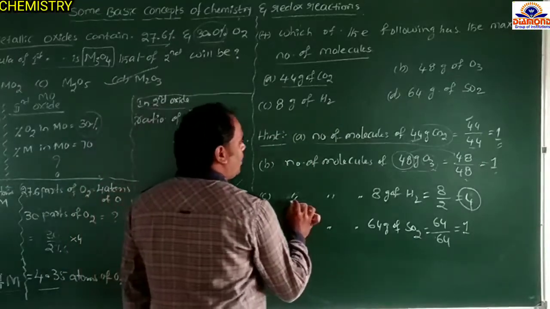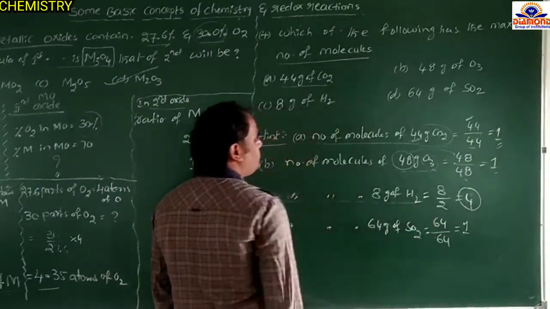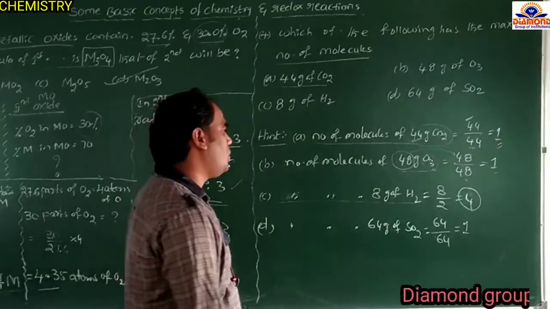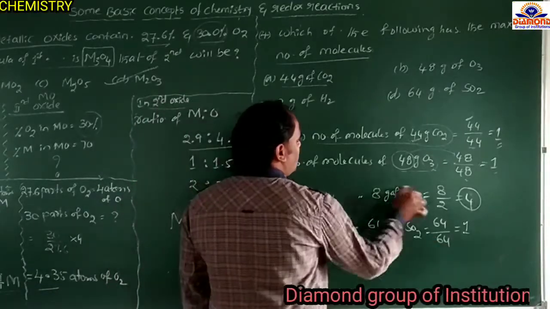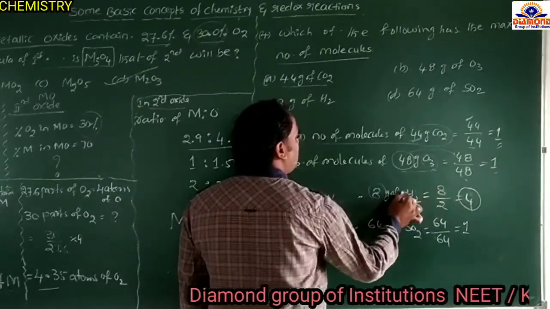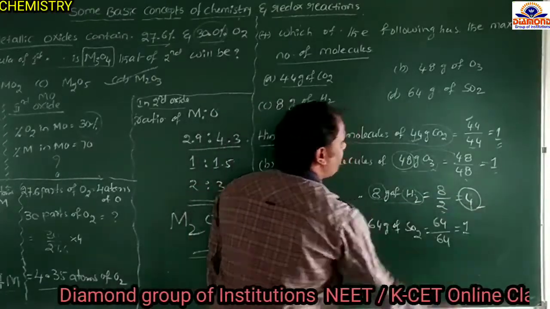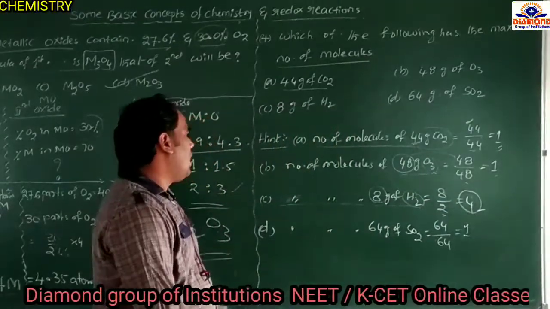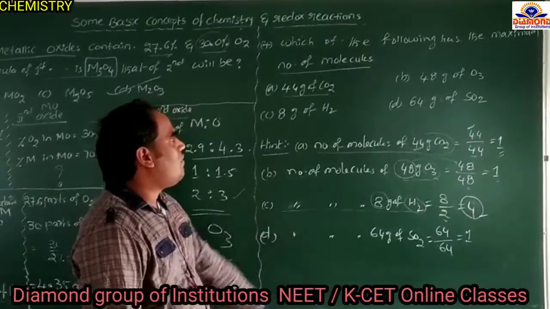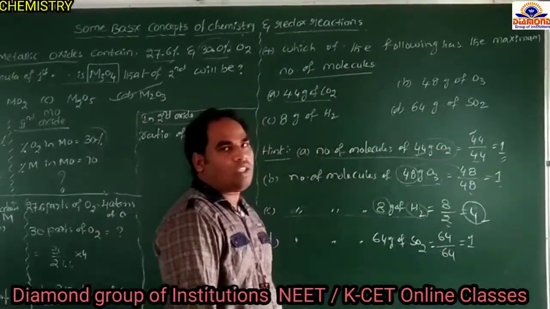Next, option C, 8 grams of H2. The number of moles equals weight by molecular weight. Here the weight is 8 and the molecular weight of H2 is 2. Therefore 8 by 2 is 4. Next, option D, 64 grams of SO2.